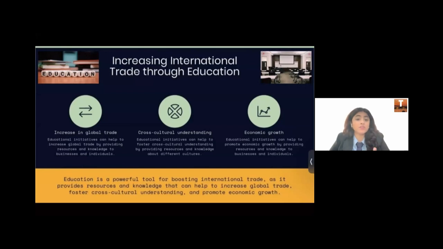By nurturing a culture of innovation, education inspires individuals to create new products, services, or business strategies that have the potential to disrupt markets and attract international customers. And lastly, networking and collaboration, very important because it will ultimately lead to increased international trade.